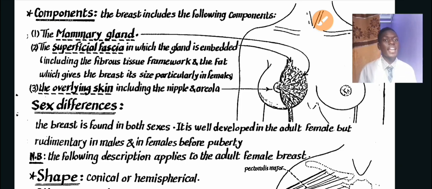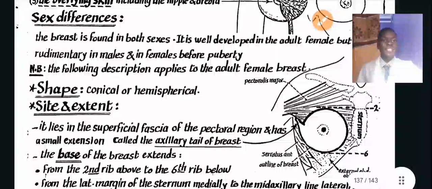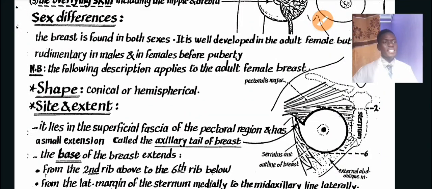If you look at their breast, the shape is mainly conical or hemispherical. And if we proceed, the breast is sitting on the superficial fascia of the pectoral region. And it has a small extension around here that we call the axillary tail of the breast.